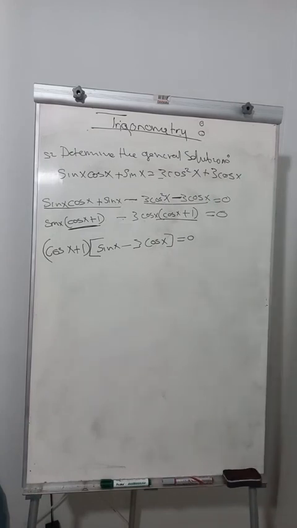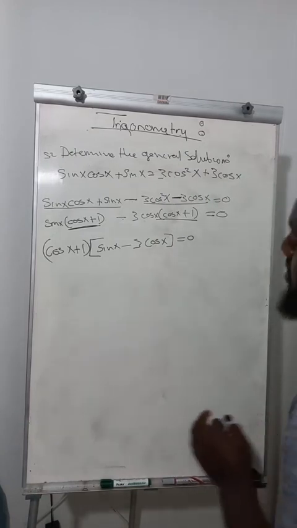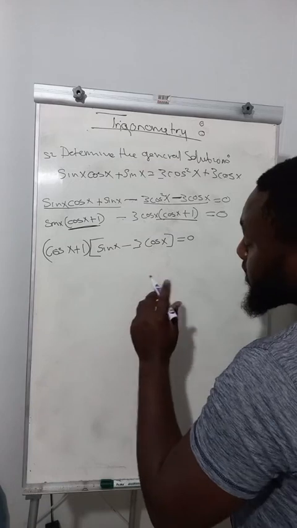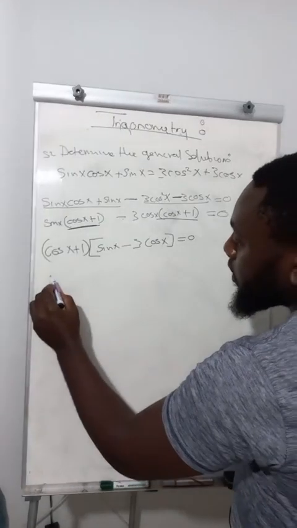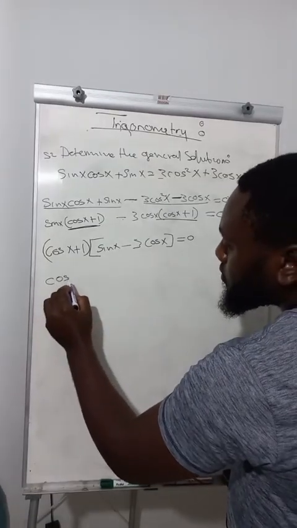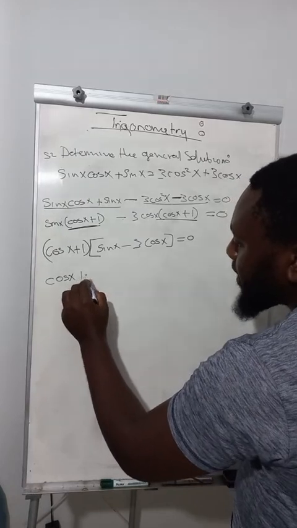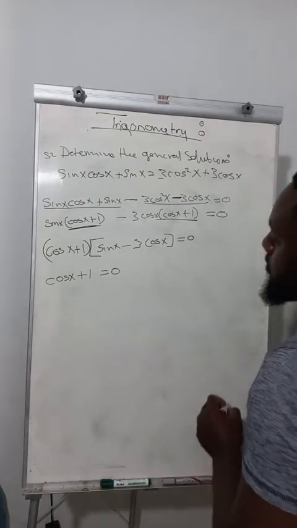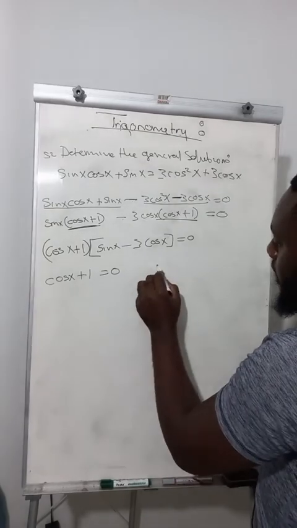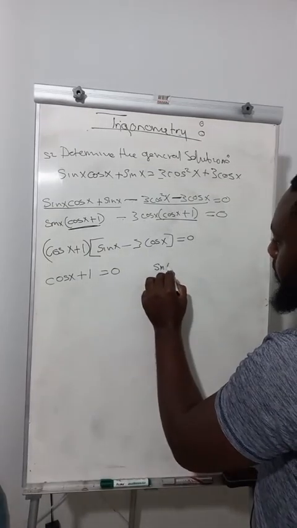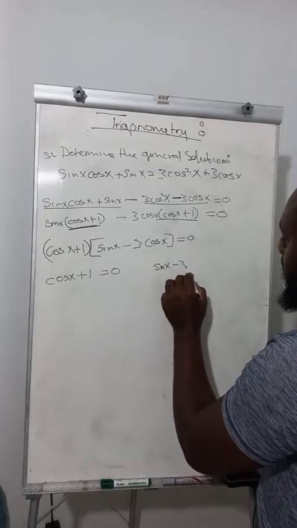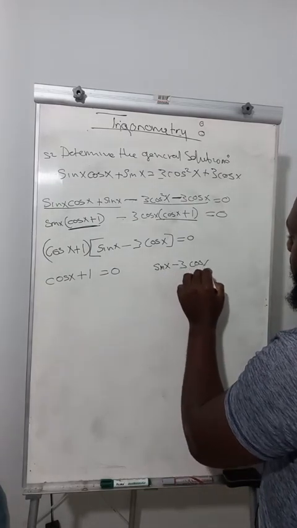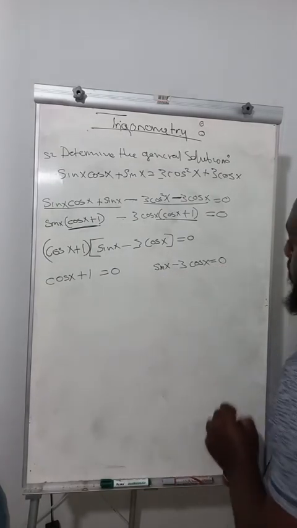After having this, you can then say cos x plus 1 is equal to 0, and sine x minus 3 cos x is equal to 0.